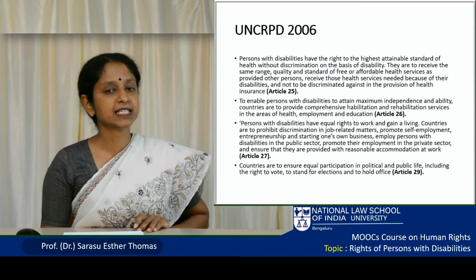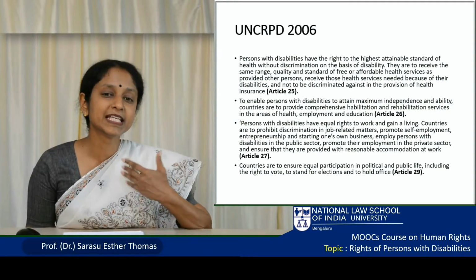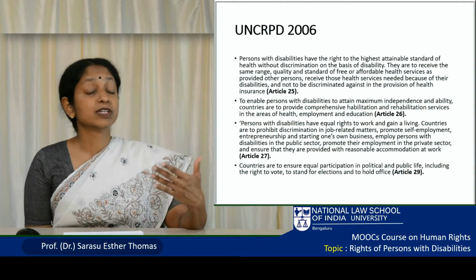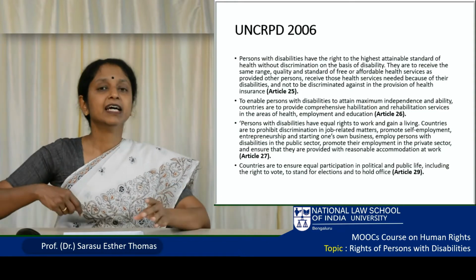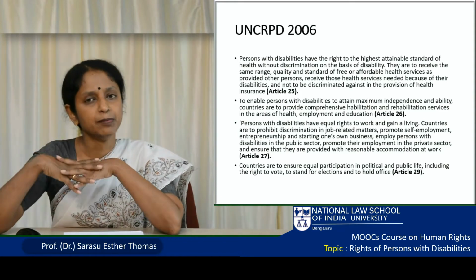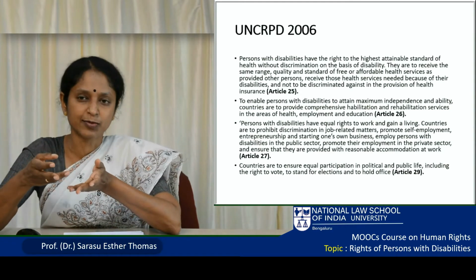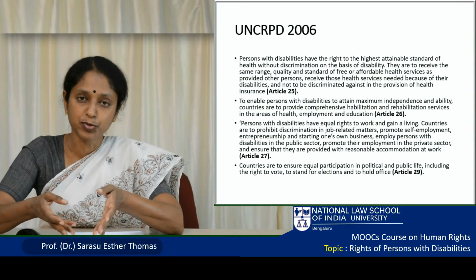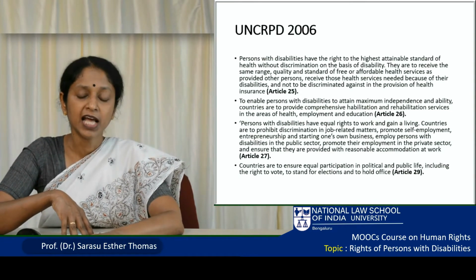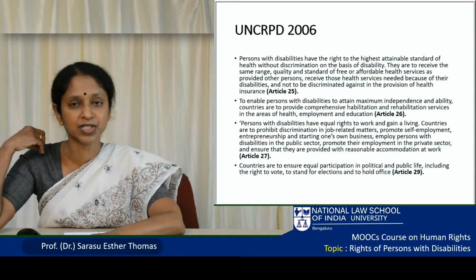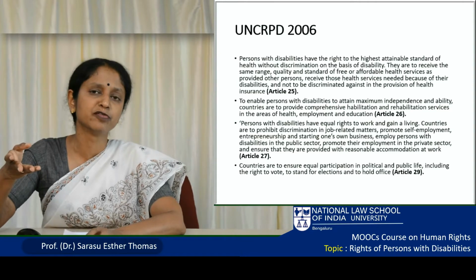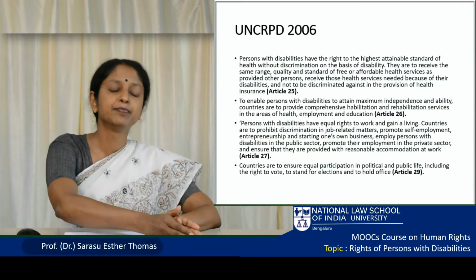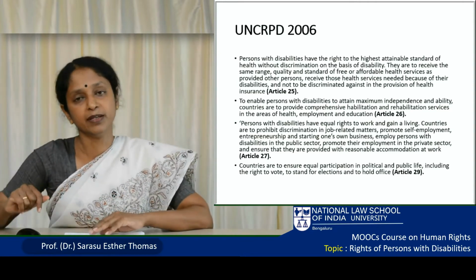So if you look at the second point here, we see that there must also be rehabilitation services available. Now this is a very difficult area because it's a function of so many things. One is how much states are willing to put in towards rehabilitation and the kind of rehabilitation measures that are available. Very often we find that the idea of rehabilitation is to just take a person with disability and put them in a home.